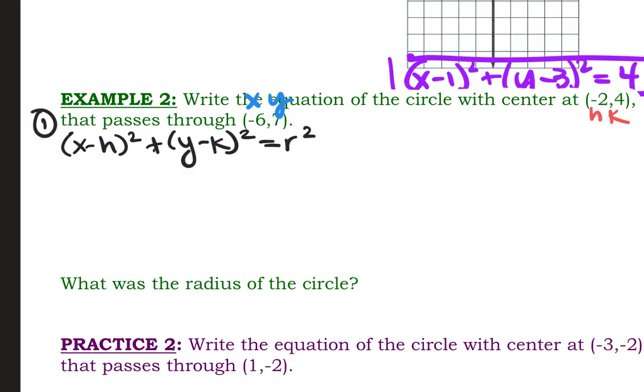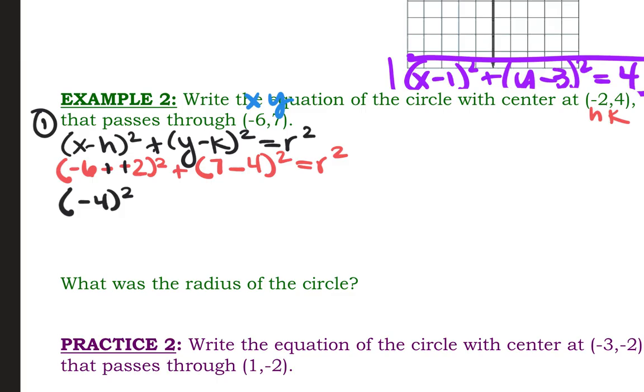All right, so we're gonna do x is negative 6 minus, what's our h? Negative 2 squared plus, what's our y value? 7 minus 4. Squared should give us the radius squared. All right, so negative and a negative is going to make that a positive. So what's negative 6 plus 2?